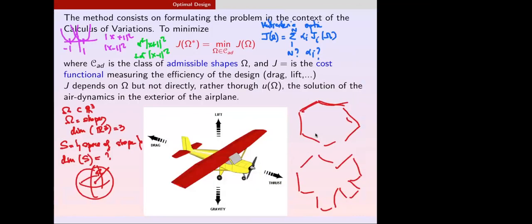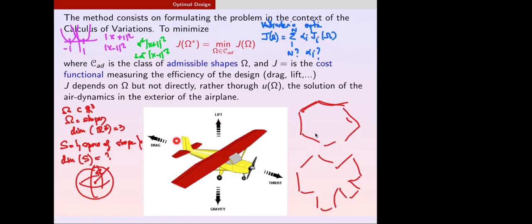Depending on how you choose alpha plus and alpha minus, you will be giving more relevance to criterion 1 or criterion 2, and therefore the minimizer will either be closer to -1 or closer to +1. Okay, so this is how some of the main challenges of optimal shape design in the aeronautic industry are viewed from a simplified mathematical perspective.